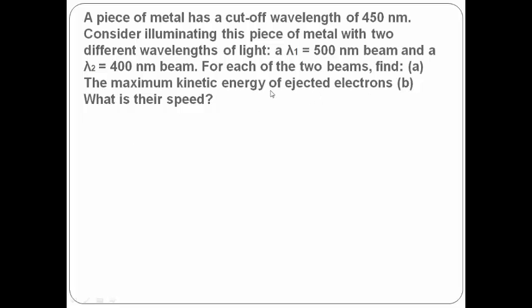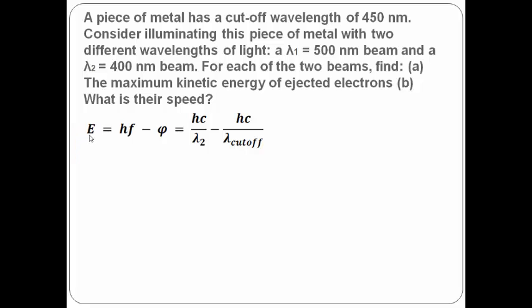Now, there are two wavelengths, but the cutoff wavelength is already given. By definition of cutoff wavelength, we know that once you go above the cutoff wavelength, you won't get the photoelectric effect. So there is no point of doing these calculations for 500 nanometer because it is above our cutoff wavelength. So we'll be solving for the 400 nanometer beam.